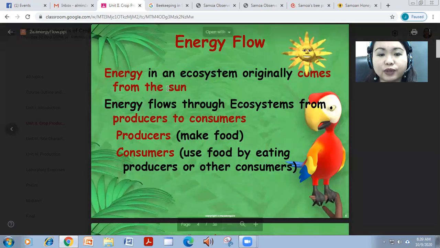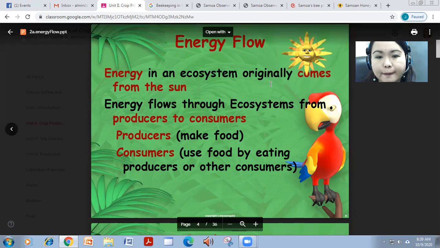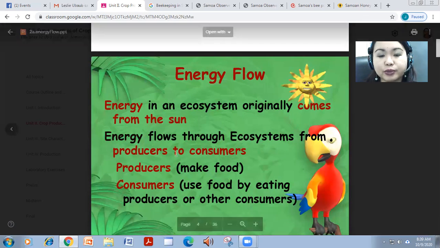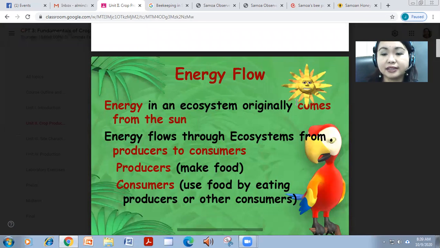Energy in an ecosystem originally comes from the sun. So energy flows through the ecosystem from producers to consumers because human beings and animals cannot get energy directly from the sun, so it must be taken from the sun through the plants.